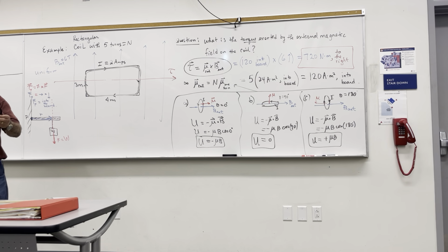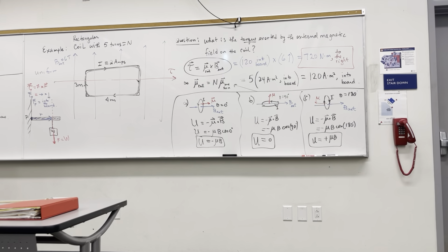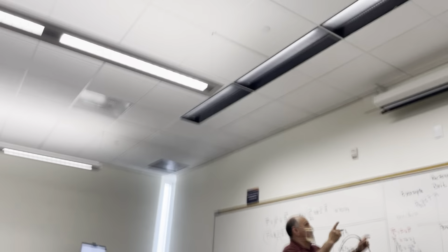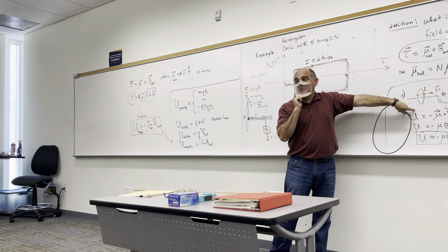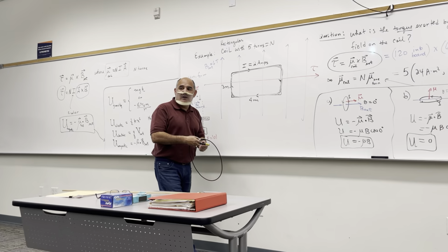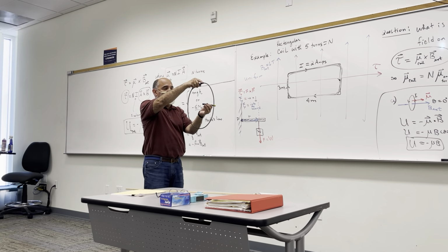Here's the loop, and the current is in the clockwise sense, right? So the area vector, which is the same as the magnetic dipole moment vector, points this way. And it wants to point up in the same direction as the external magnetic field, so that it minimizes its potential energy. So how would it rotate if it wants this vector to point up?